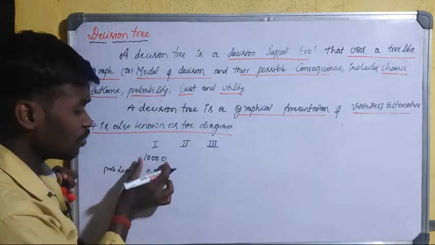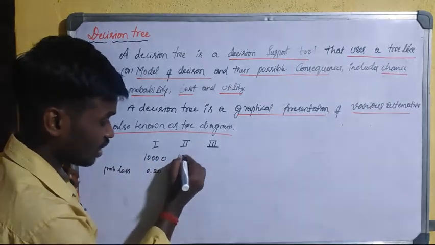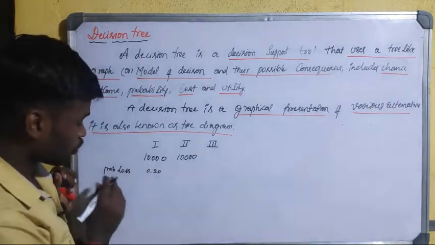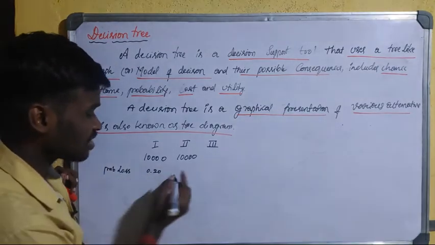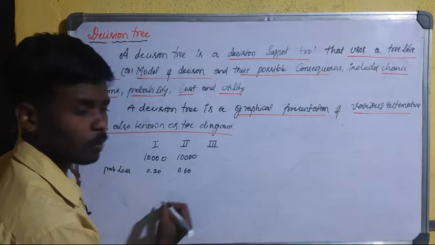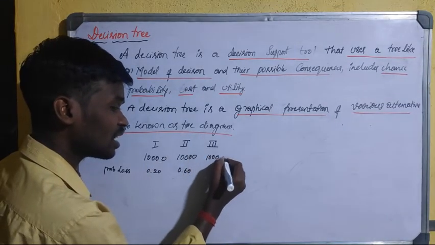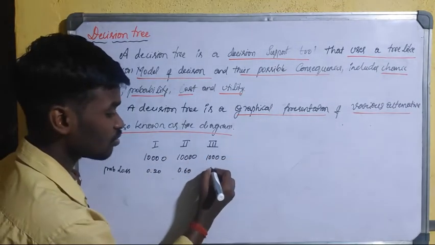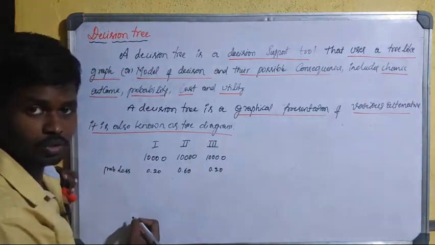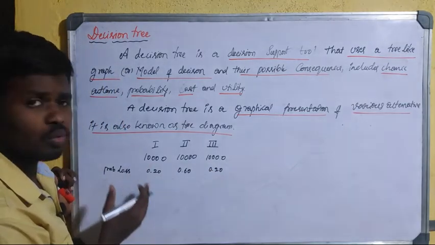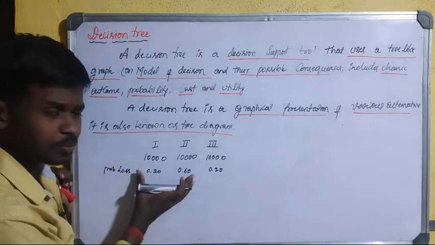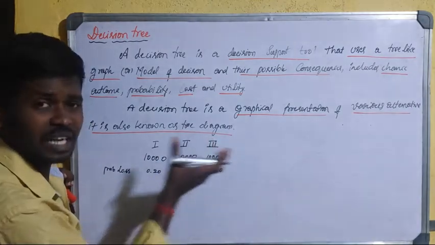If the same amount is invested in the second alternative, the probability of loss is 0.60. If the same amount is invested in the third alternative, the possibility of loss is 0.20.